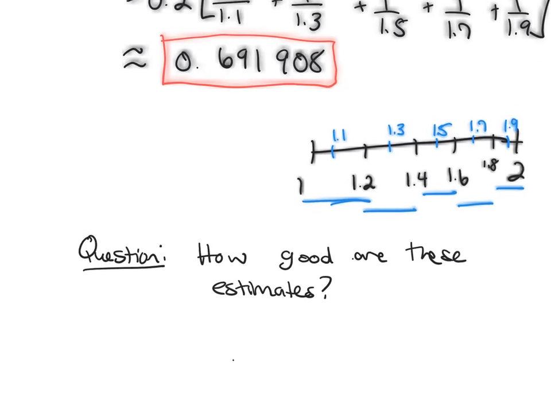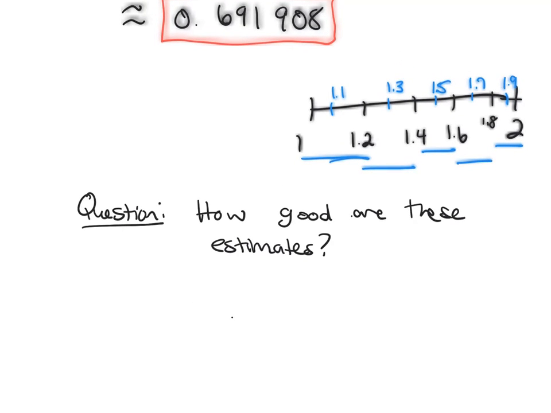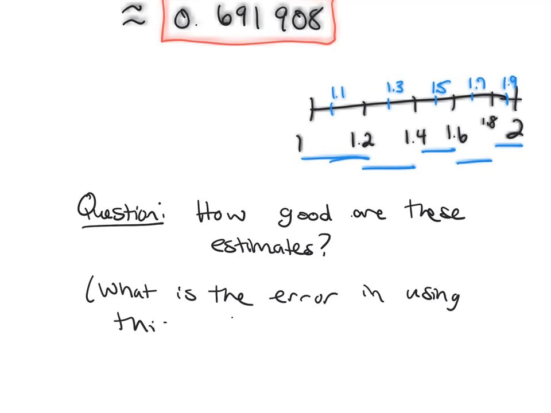Another way to rephrase this question is to say, what is the error in using this as an approximation? Error refers to how far off we are from the actual, exact value. Okay?